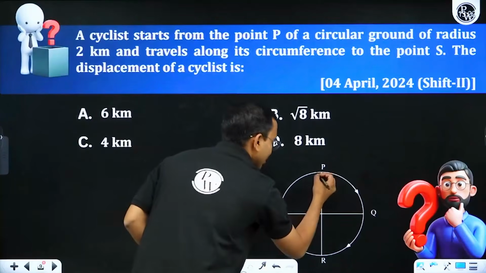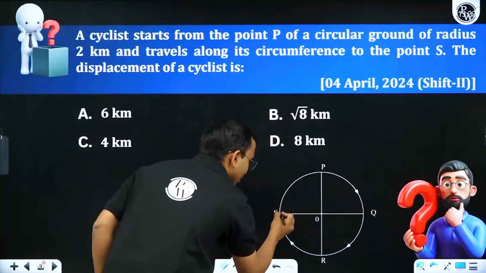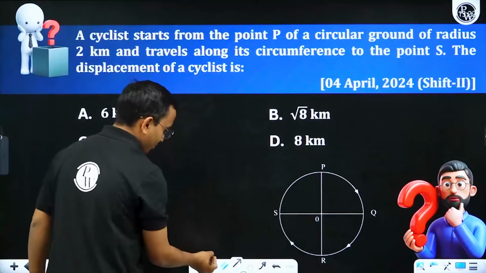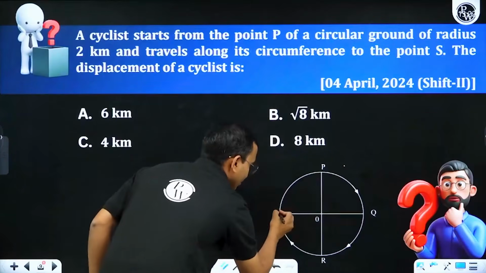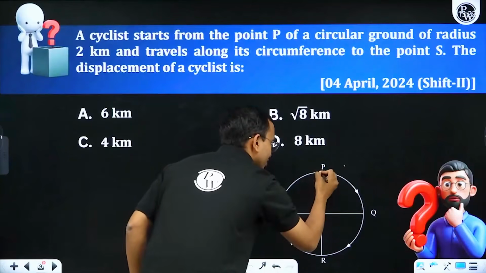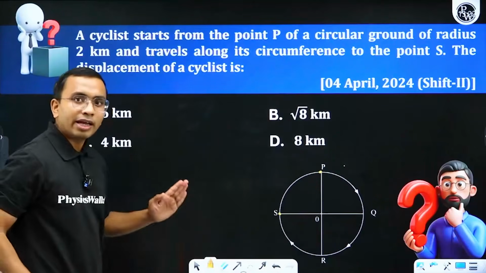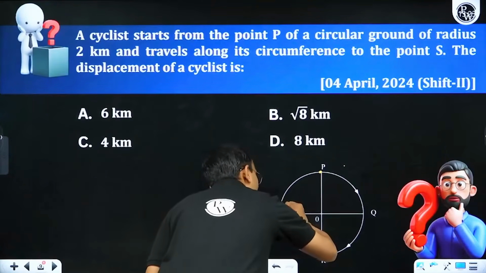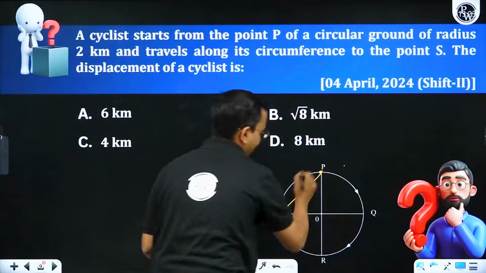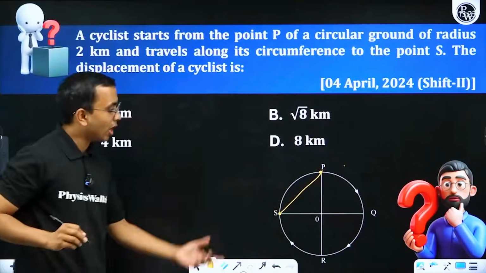Okay, so this is my initial position, this is my final position. I just need the magnitude of the displacement. So I'll take this path length, this length, from here to here. How much is that?